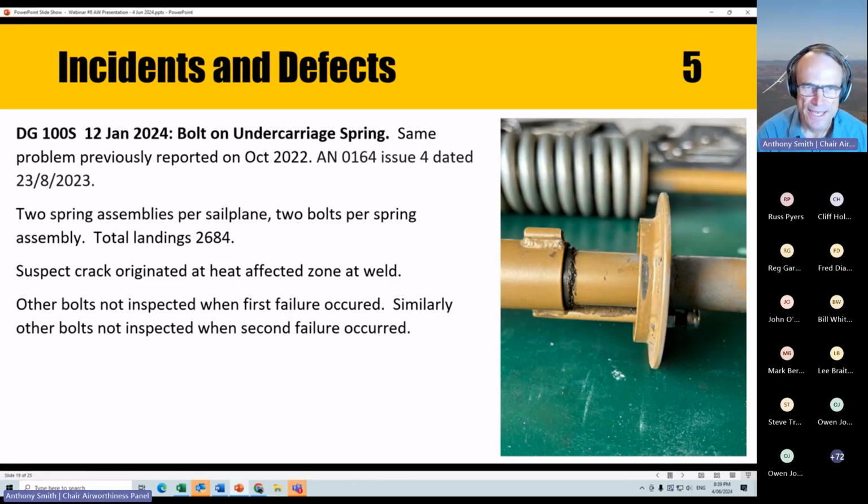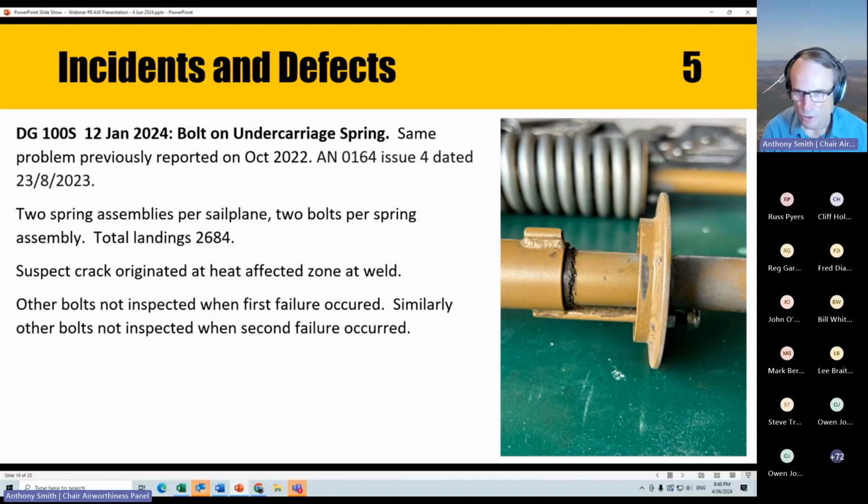At that time, AN 164 was updated to issue 4 to cover the issue. Now, there's 2 spring assemblies in the sailplane and there's 2 bolts per spring. At the time, its total landings were 2,684. And we suspect the crack originated both times at the heat affected zone at the weld. I believe it was a different bolt this time.